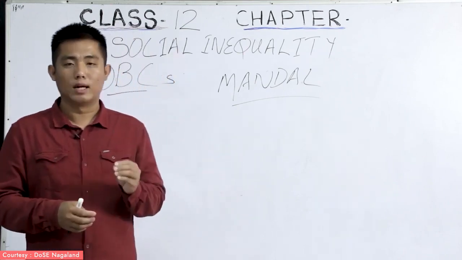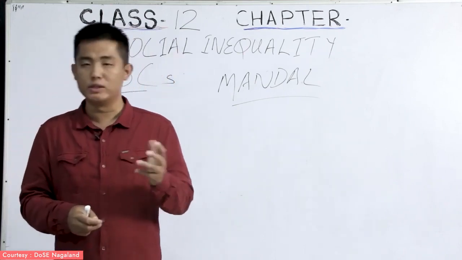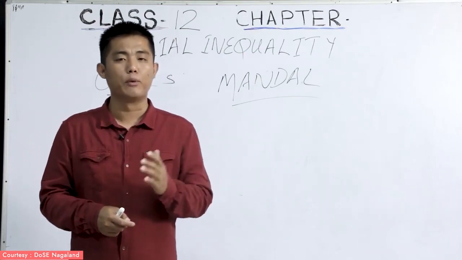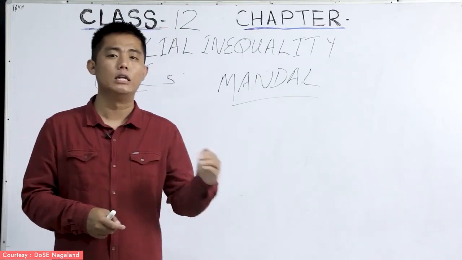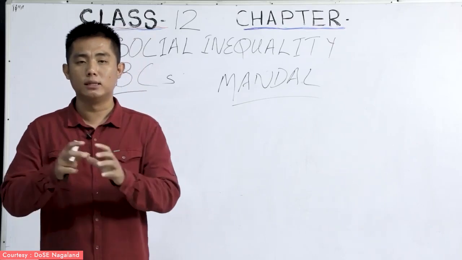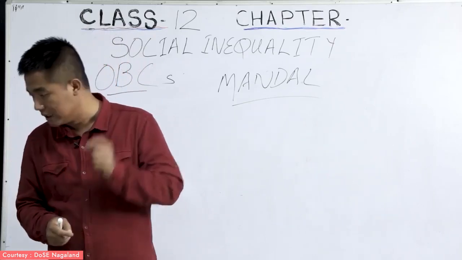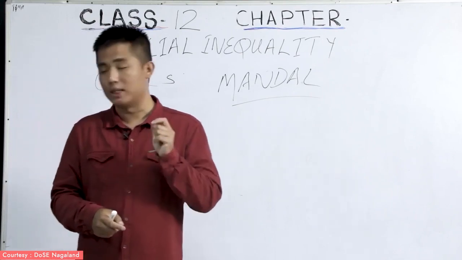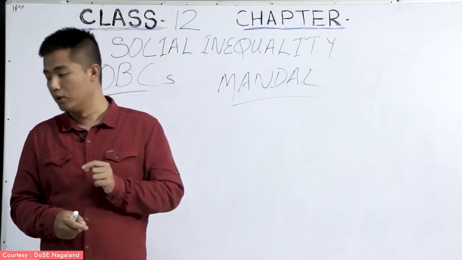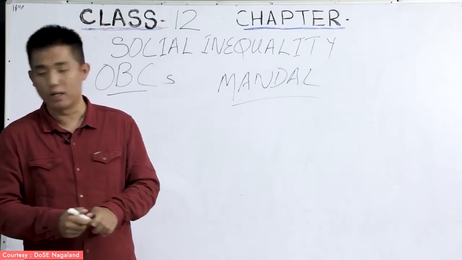Now, the scheduled tribes and the scheduled castes were given reservation of around 22.5% by the Indian government, but the OBCs never enjoyed such rights. That is the reason why in the year 1979, during the time of the Janata Party, some reservations were given to them.